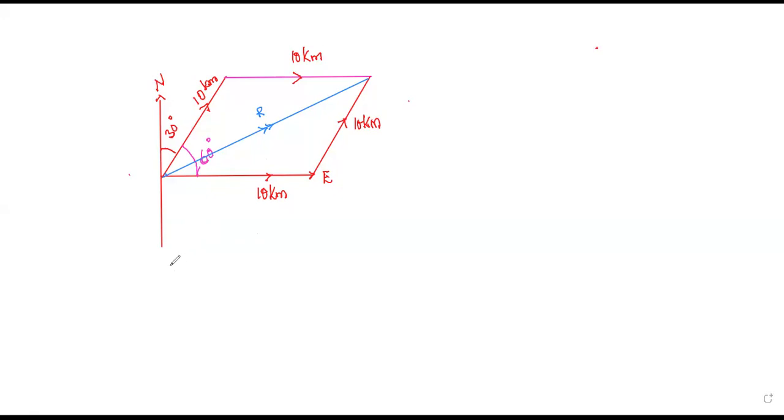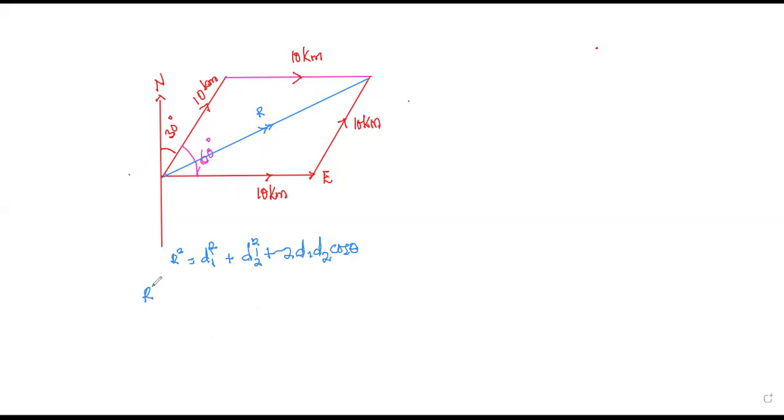the cosine rule says that if you resolve it into this, then the square of the resultant will be equal to the square of the first displacement plus the square of the second displacement, plus 2 times d1, d2, times cosine of the angle of separation between the two.